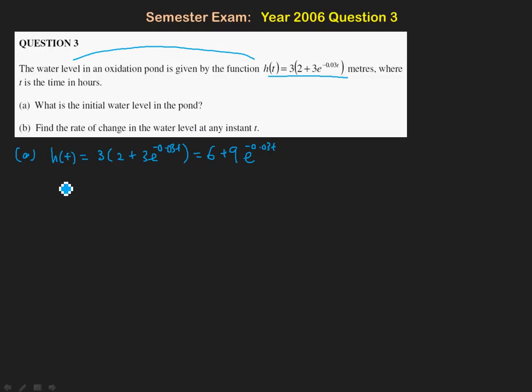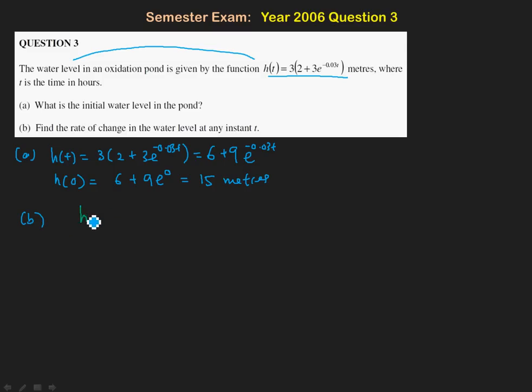What's the initial water level? When time is 0, all you have to do is calculate this, e to the 0, so you have 15 meters. Then find the rate of change in the water level at an instant t.